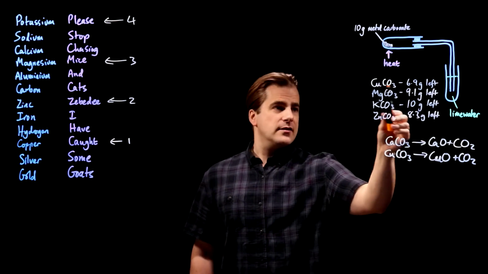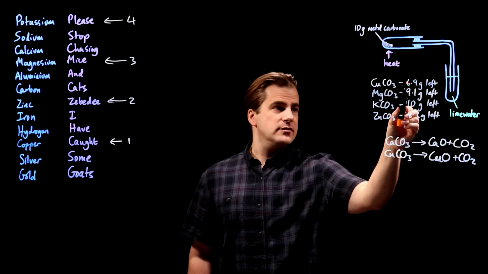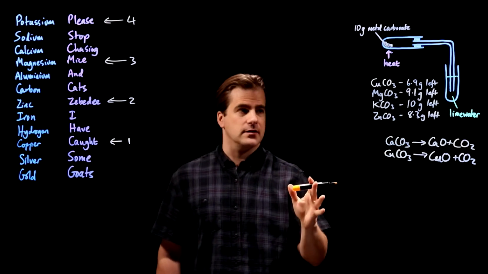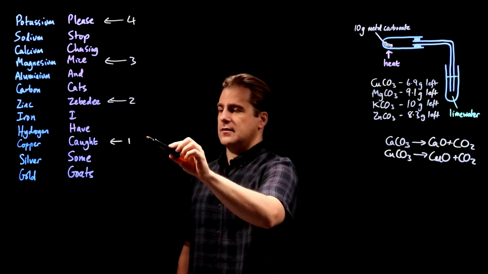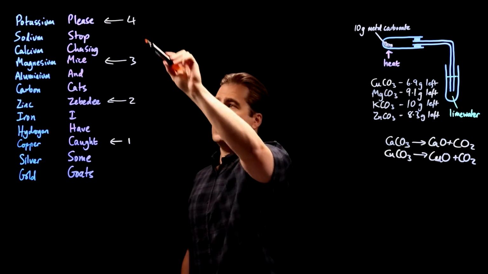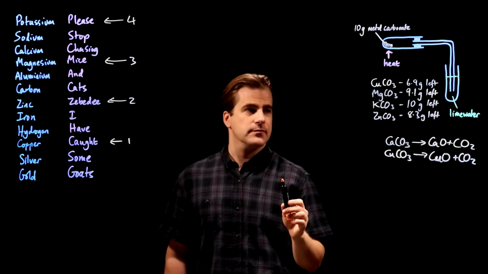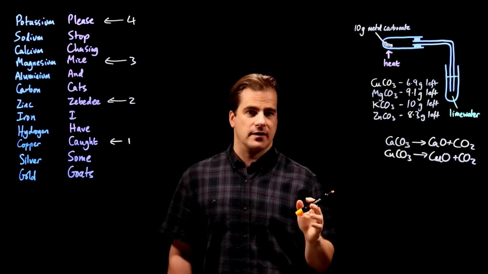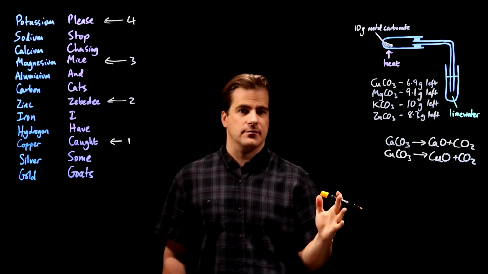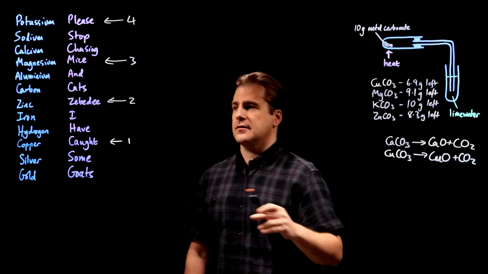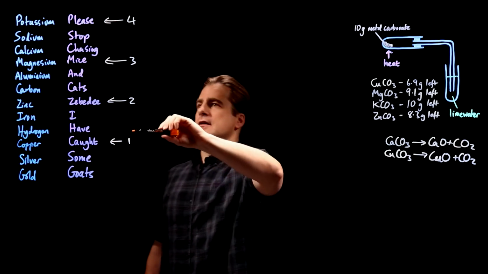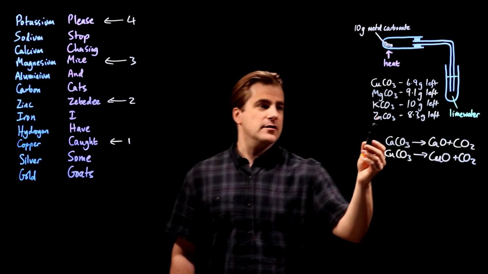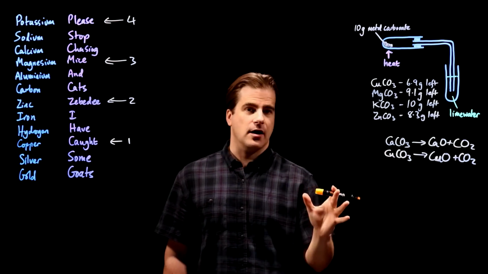The carbonate that reacted the most had the least reactive metal. So that's the answer. So say that the more reactive the metal, the slower the carbonate reacted, or the less the carbonate reacted.